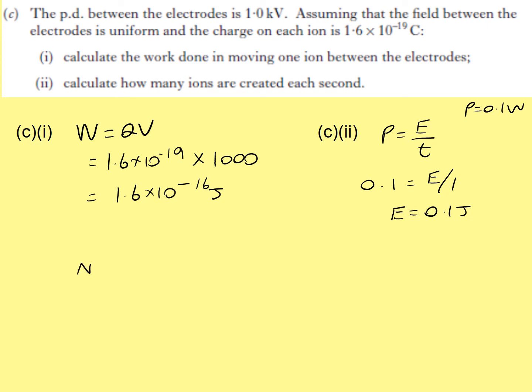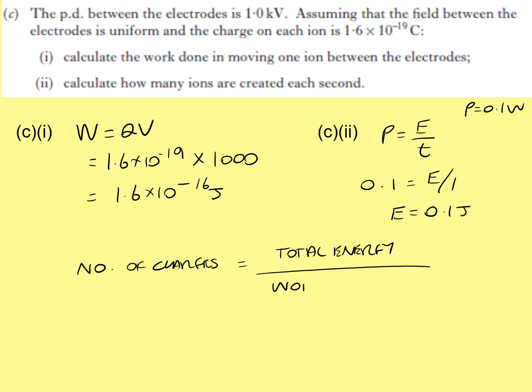In order to find the number of charges, we've got to look at the total energy divided by the work done per charge, which is 0.1 divided by 1.6 times 10 to the negative 16 joules.